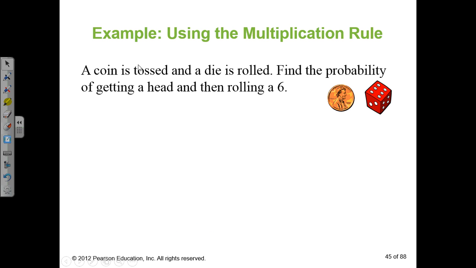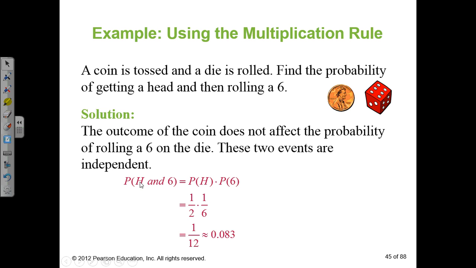While for the coin toss and the die roll, the probability of getting the head is 1/2, the probability of rolling the 6 is 1/6, so the probability of a head and a 6 is 1/2 times 1/6, or 1/12.